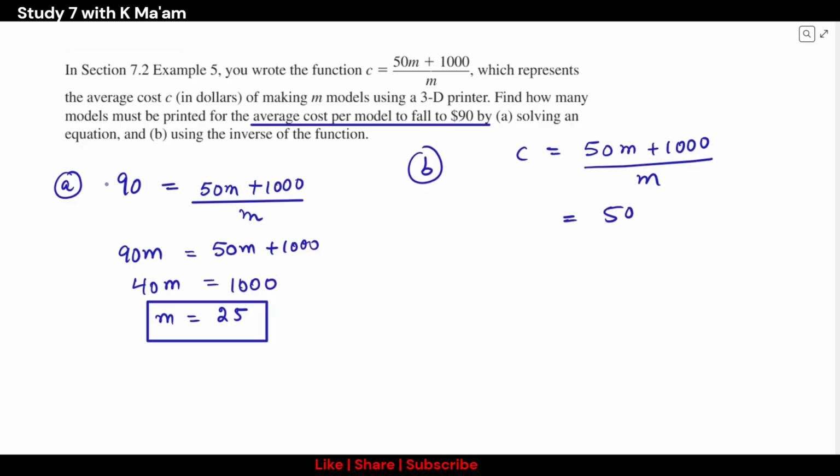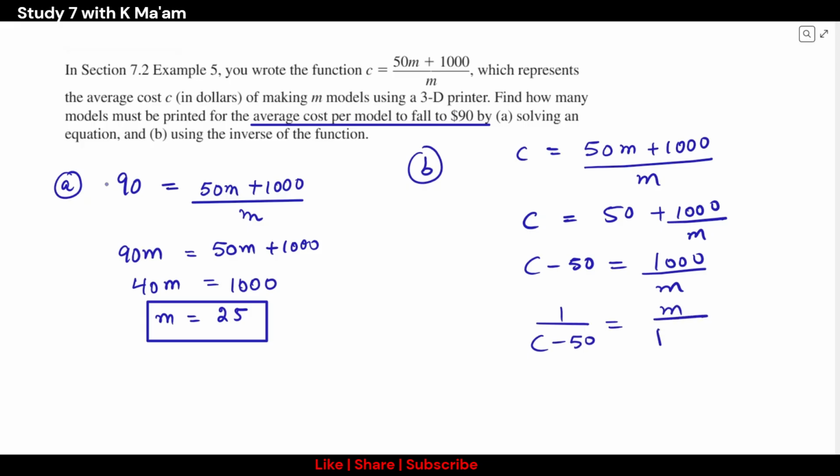I can write 50, because m divided by m, only 50 is left, plus 1000 over m. Subtract 50: C minus 50 equals 1000 over m. Reciprocal: m over 1000 equals 1 over C minus 50. m equals 1000 over C minus 50.